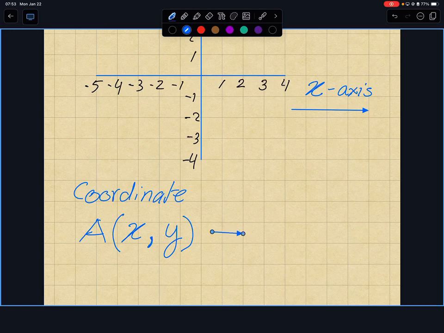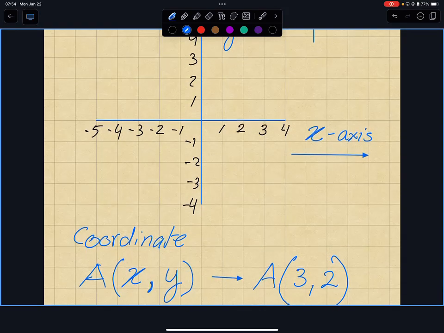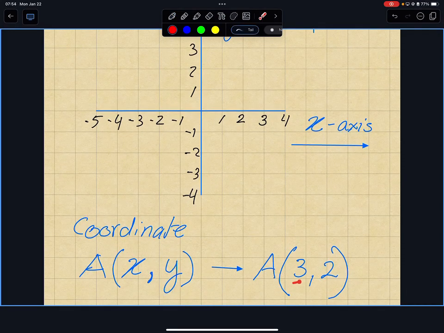So if I say place a dot at the coordinate of A, place A in the graph, the first value is the x value. The first value belongs to x.